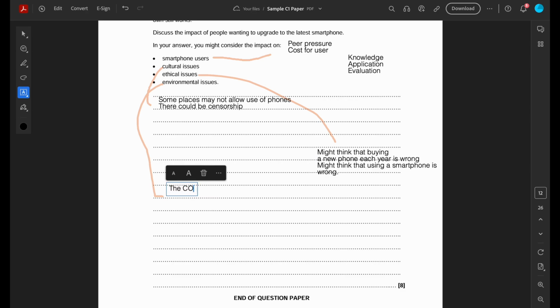What CO2 is used to produce the phone? The CO2 used to power the phone. Disposal of those materials. The use of those materials in the first place.